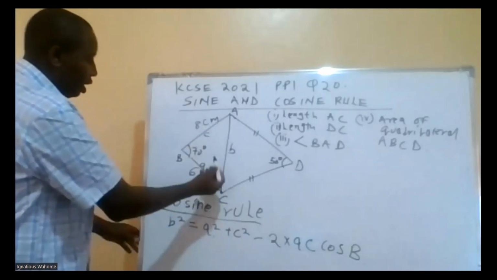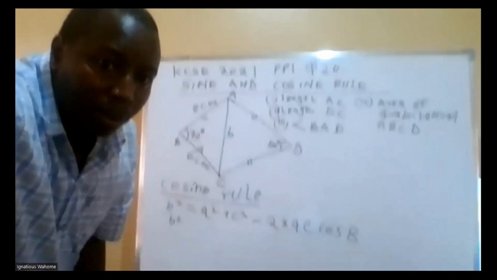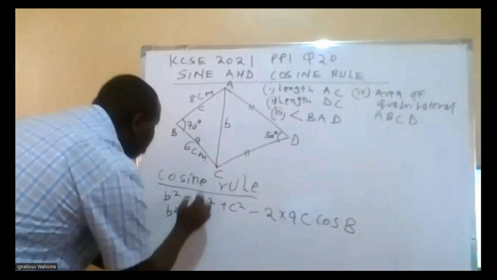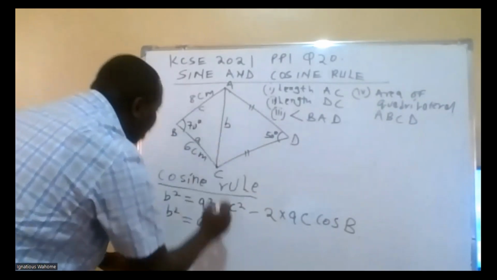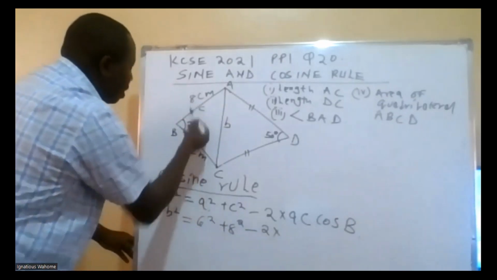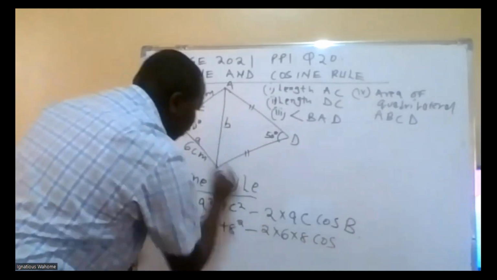So b squared is equal to a squared, our a is 6 squared, plus c squared, 8 squared, minus 2 times 6 times 8, cos of 70.